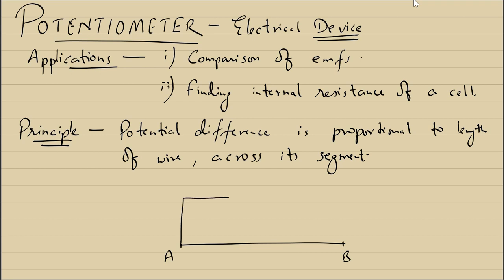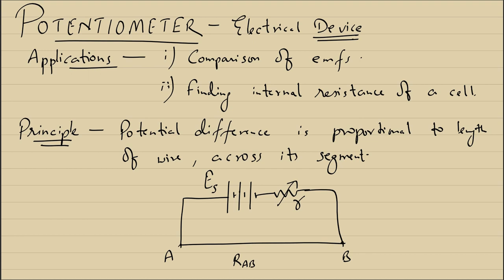It is connected to some source with the help of which we are conducting the experiment, which is connected to a variable resistance here. I am calling this the E source, this the variable resistance R, and the resistance of wire AB I am calling RAB to avoid any confusion.